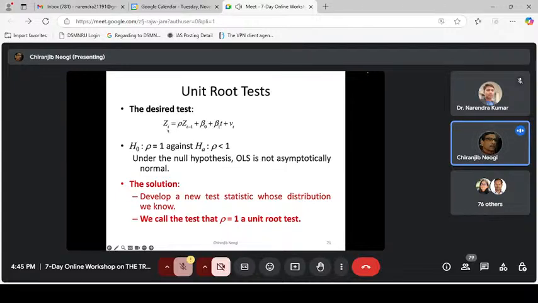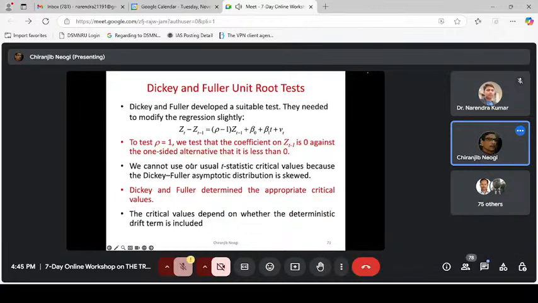That means delta zt is equal to rho minus 1 times zt minus 1 plus these terms. Now this is delta z. So delta z is equal to rho minus 1 times zt minus 1, plus this.